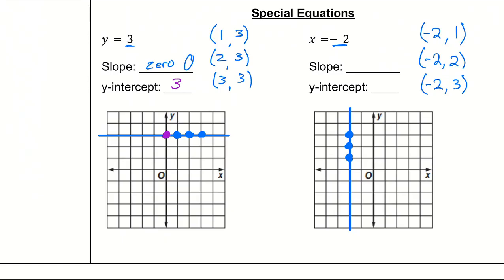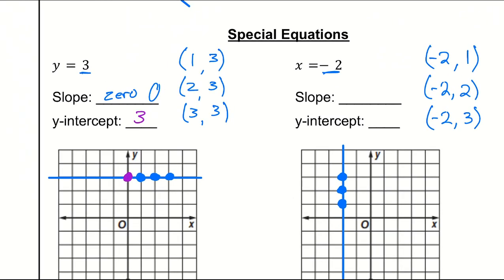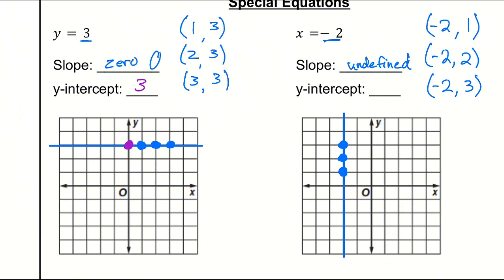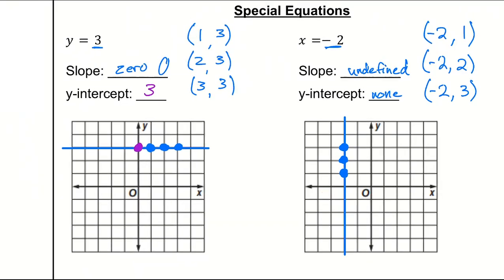And if you recall from the practice that we've had on identifying slopes on IXL, this slope is undefined. And if you're looking at this, you can tell that that line is never ever going to go through the y-axis. So the y-intercept, there's none. There's no y-intercept on that particular problem.